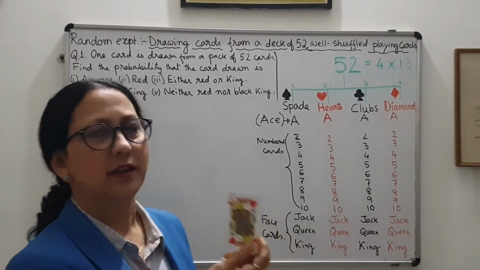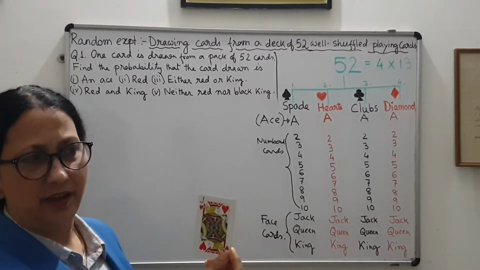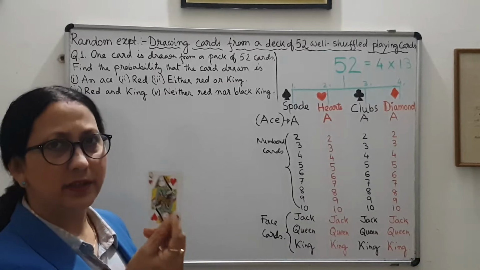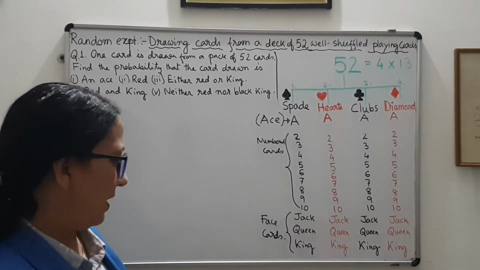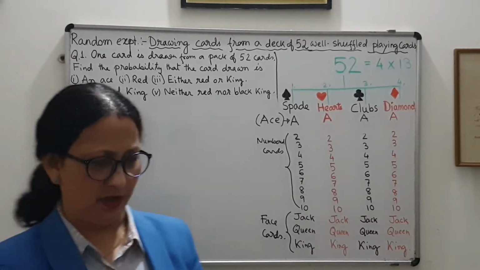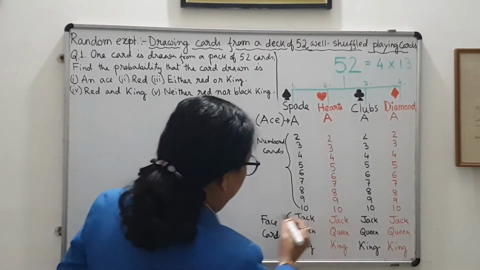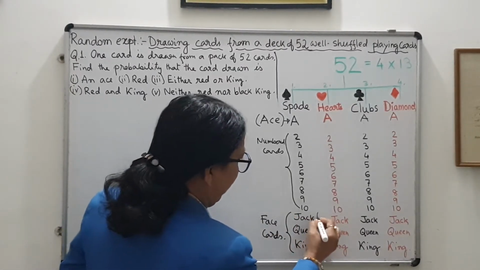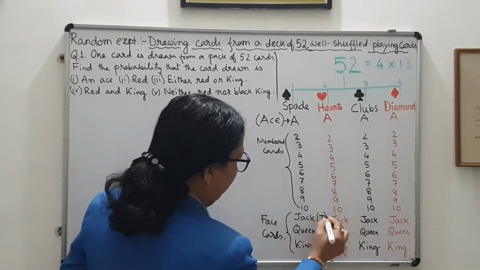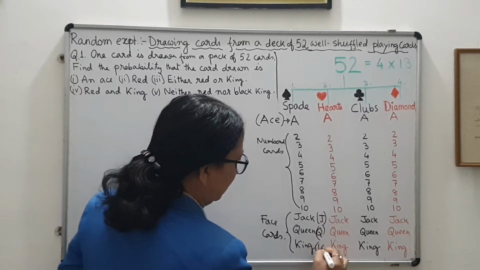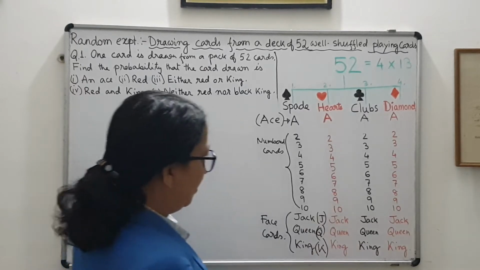This J is known as jack, and then the next higher is queen. It is written Q over there, and this is king, K. So let me write these down to be clear. For jack I'll be writing J, for queen it is Q, and for king it is K. These will be written on the cards.